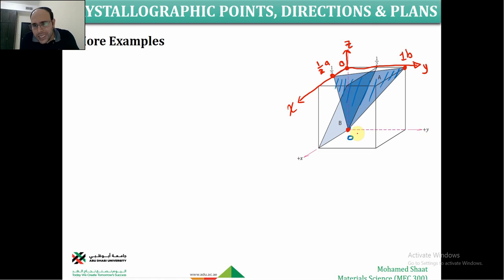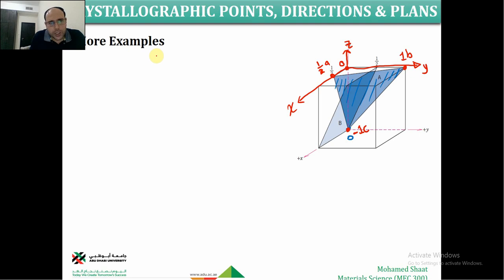This point will be negative 1c according to the new 0 point or origin point. We have moved the origin point to the top. It means that the intercept of the z-axis with the plane is at negative 1c, down. So this gives us the intercept.